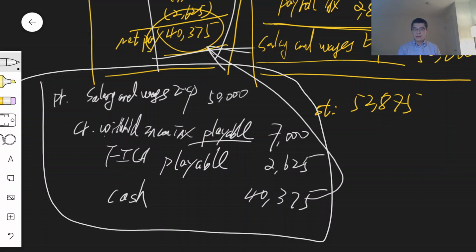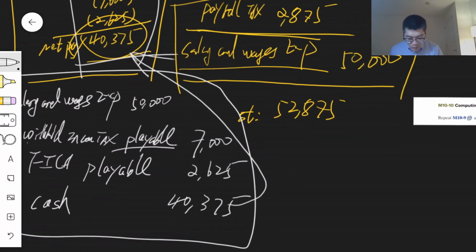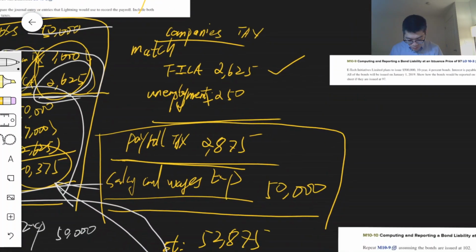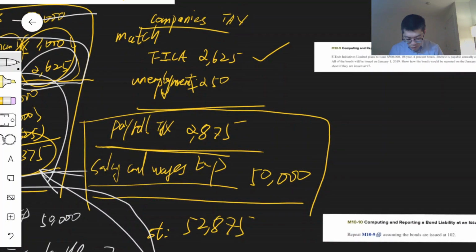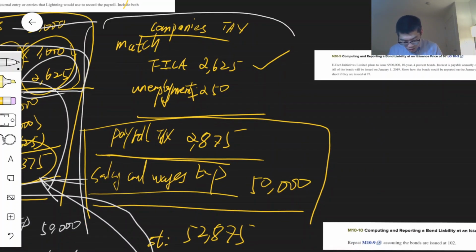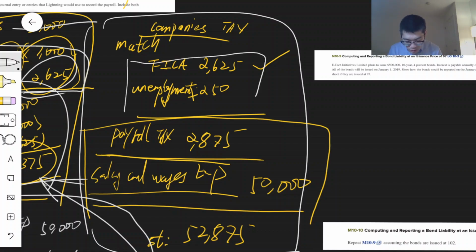So this is the journal entry we will record for the salary and wages expense, the amount we paid to the employees. And after that, the company itself also has to pay some liabilities, that is their payroll expense. The company has to pay this FICA tax and this unemployment tax.